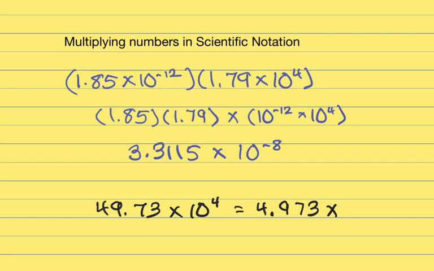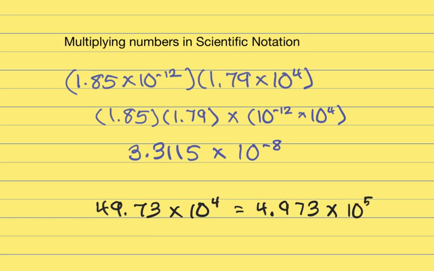In this case, we had to move the decimal one place to the left, right? It was here. We had to move the decimal here. So we had to make this number smaller. It went from being 49 to 4.9. Since we made this smaller, we will adjust our exponent by making it one place bigger. So this will become times 10 to the 5th.